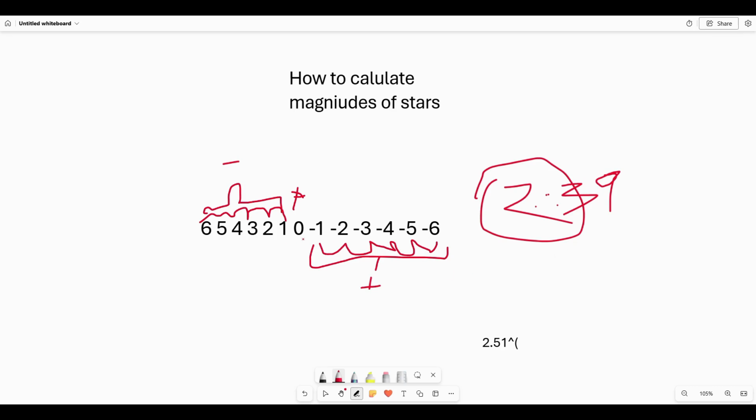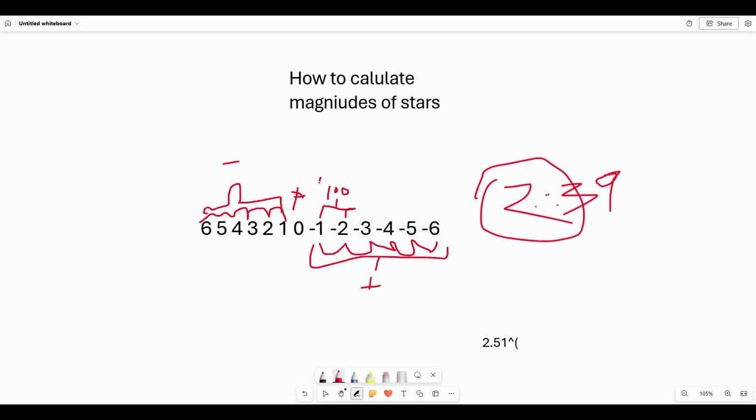Now, for instance, let's just calculate over here. As Jupiter's is minus, we'll take it back over here. So the difference over here is actually 100.